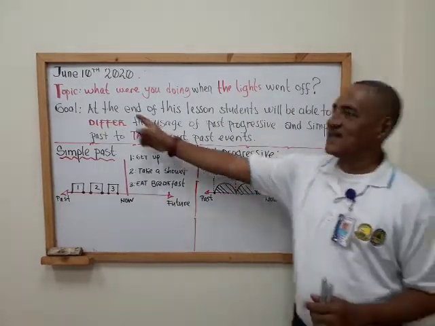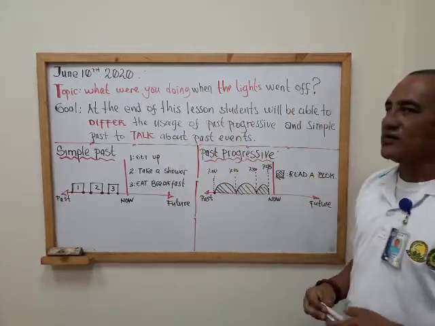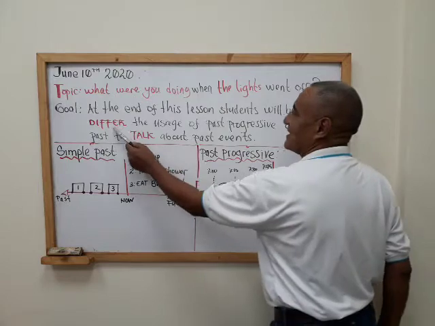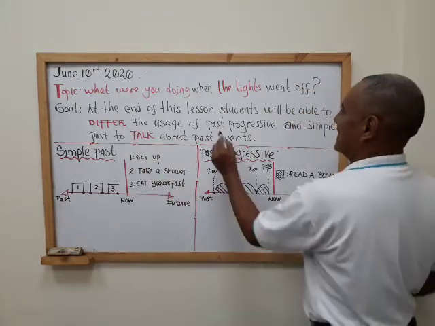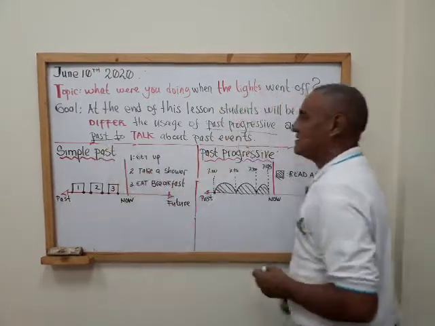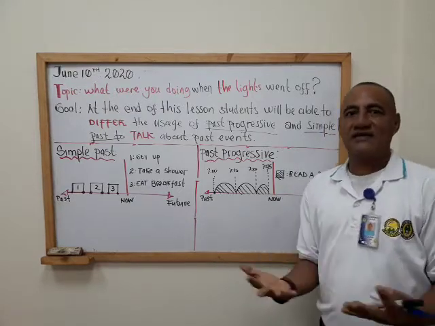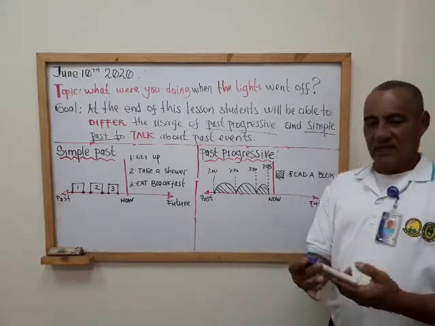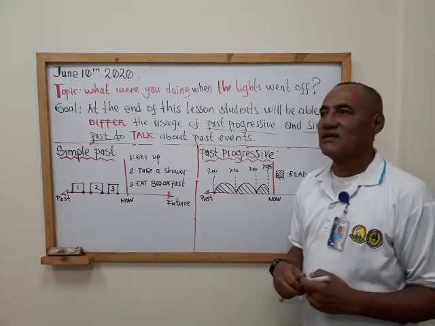Okay, and the goal is that at the end of this, students will be able to differentiate the use of the past progressive and the simple past to talk about past events. So, vamos a diferenciar el uso de esos dos tiempos verbales, cómo utilizarlos para hablar de eventos que sucedieron.